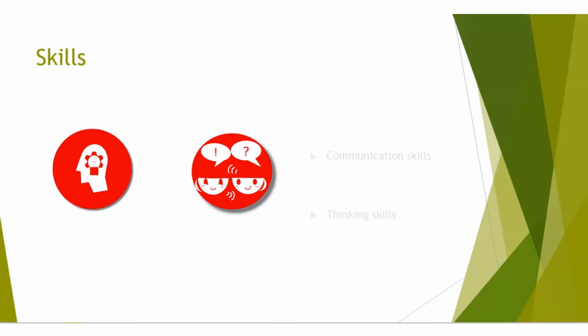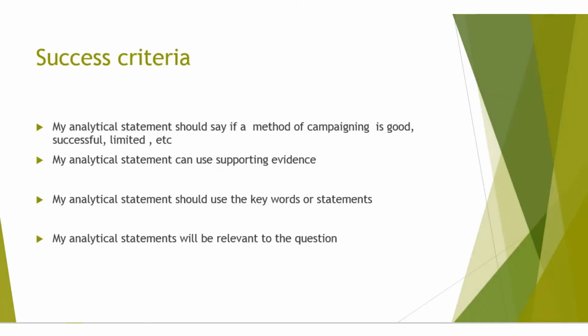So our success criteria today will be to make an analytical statement saying if a campaign method is good or successful or limited, and then support the analytical statement with supporting evidence.